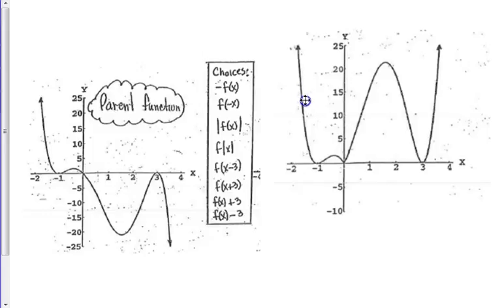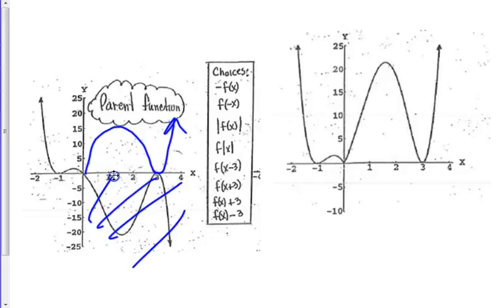All right, what about this crazy one? Oop, all this went up here and then like this, right? So what's that called? Okay, all the y's are positive.